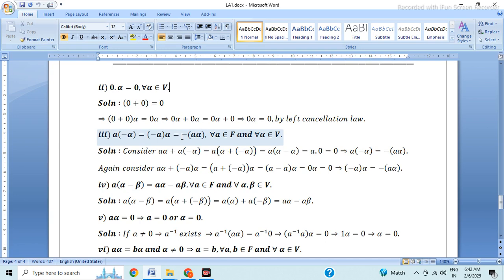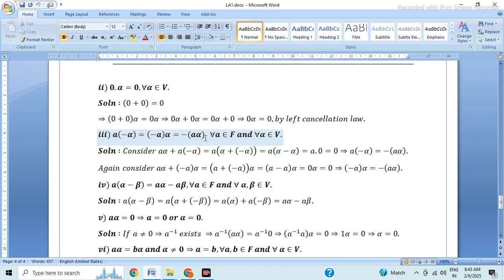Okay, now we will move on to the third one. What is the third one? The third and fourth ones are usually asked separately for 2 marks questions also. The third one is a into minus alpha equal to minus a into alpha.